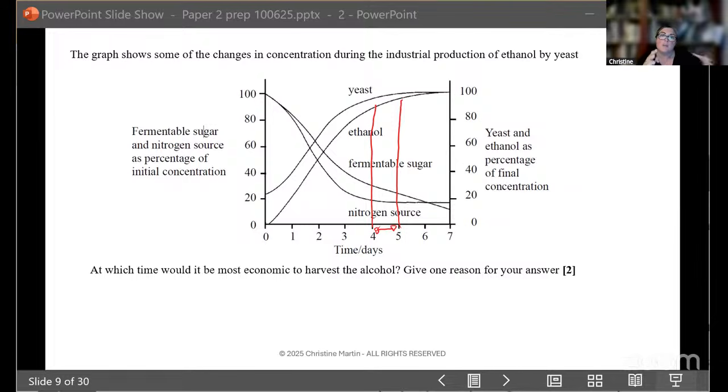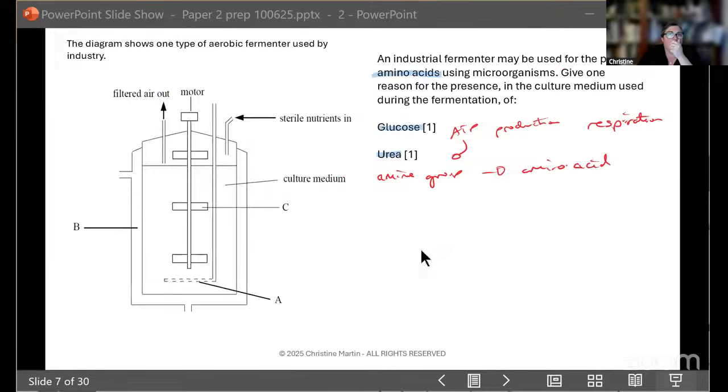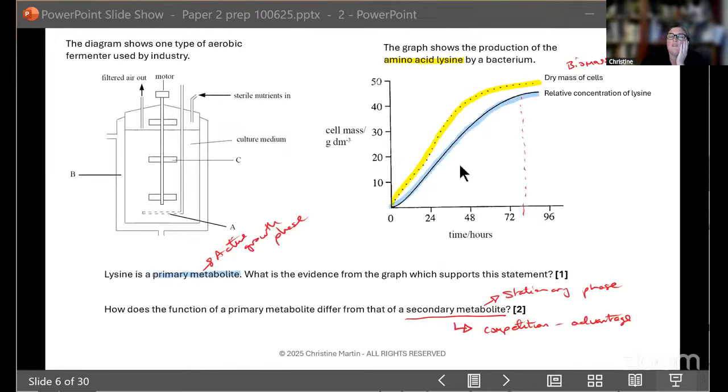So if we go back up a second, if we were looking at this previous question, if we wanted to actually get lysine, then that is a primary metabolite. So we would want to harvest the primary metabolite during the log phase, during the active growth.